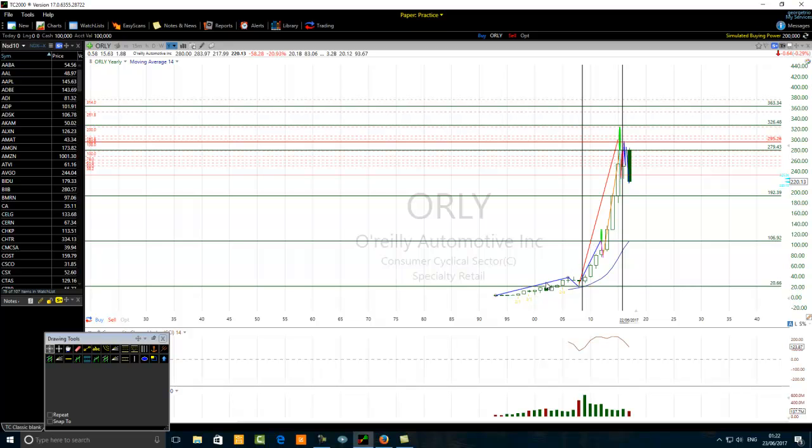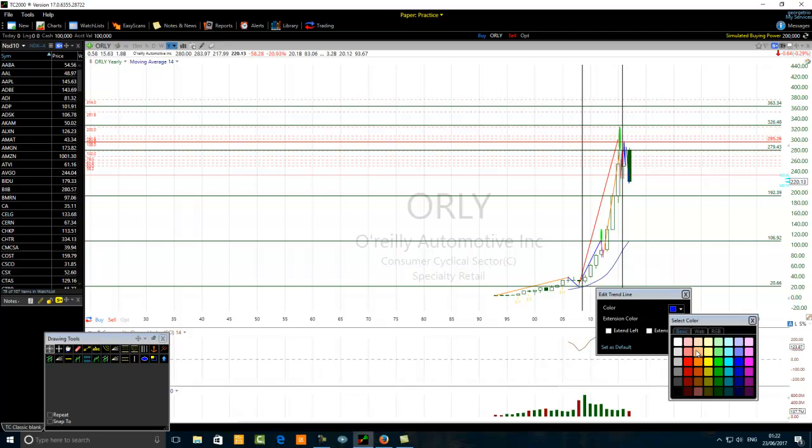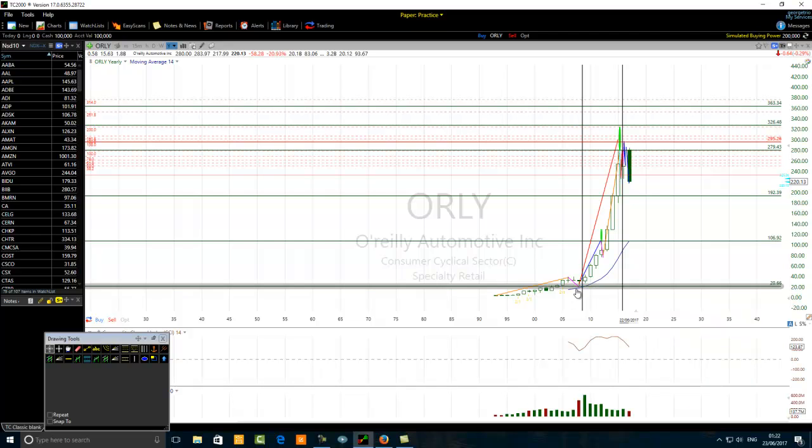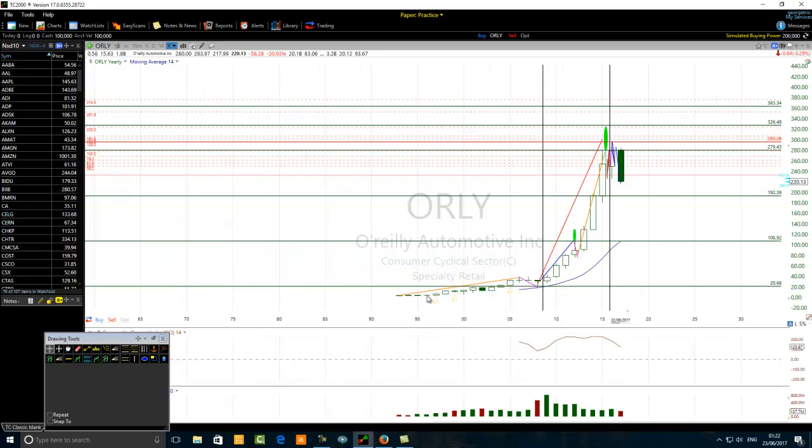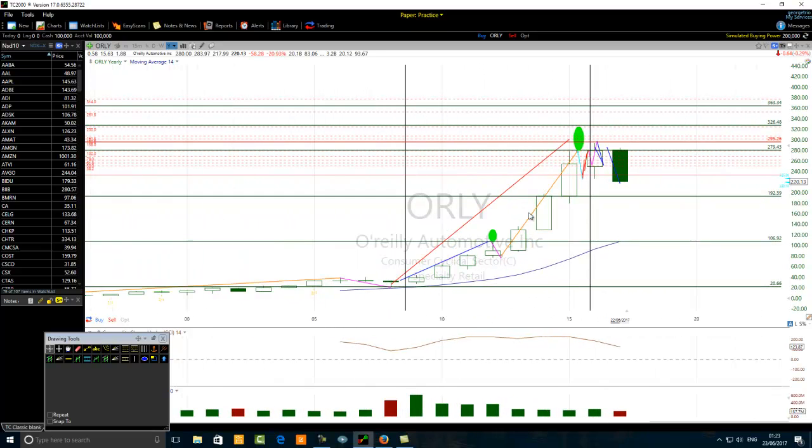But the bigger picture is this: first wave of a higher degree, which was a trending fall, followed by a correction that has retested the moving average 14. Now we see a deviation from the moving average 14, forming the third wave of a higher degree.